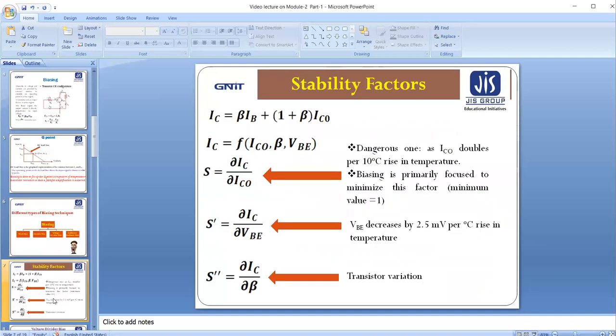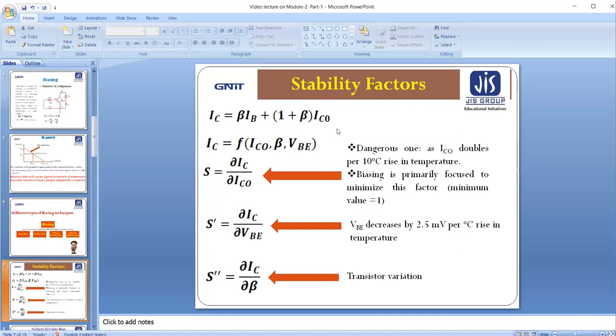Now, before going to the detailed discussion of the voltage divider bias, let us introduce the stability factors. We know the collector current equation is IC equals beta IB plus (1 plus beta) ICO. In most cases we neglect this ICO term because ICO is very small, in the order of nanoamperes for a silicon based transistor.